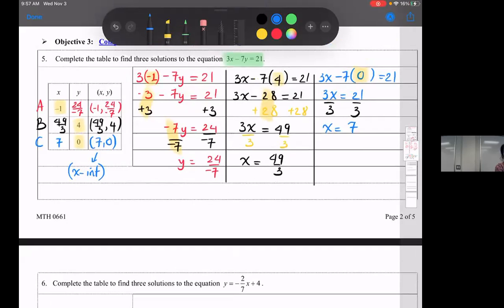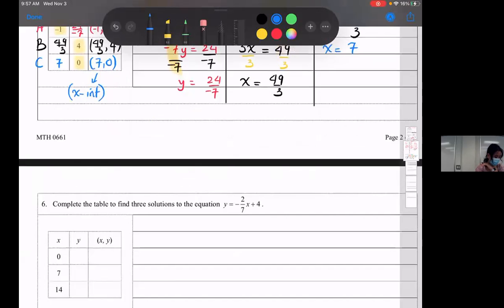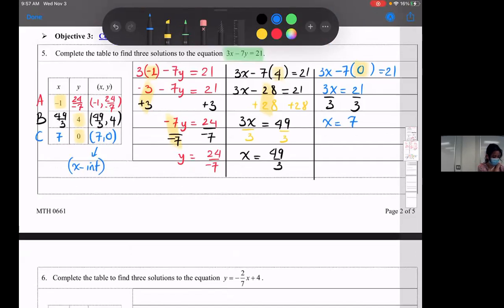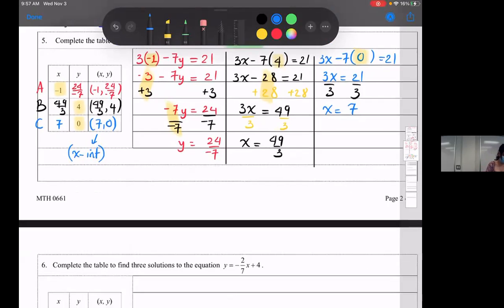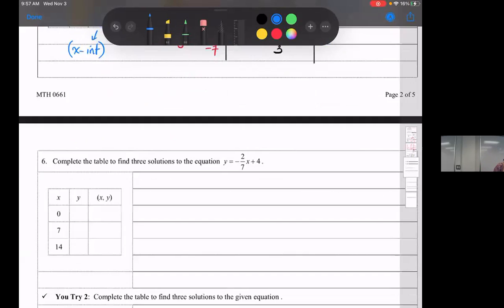I'll give you a second to copy that down. For those of you finished, try to do number 6. Again, I'm going to call them A, B, C so I can refer to them easily.